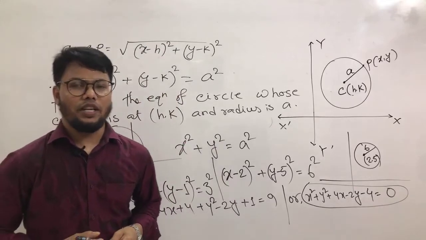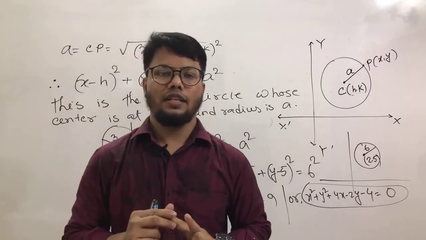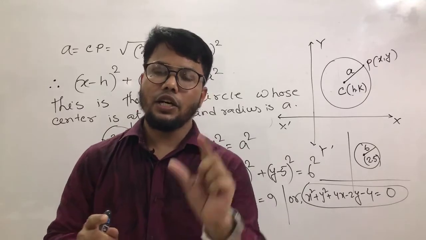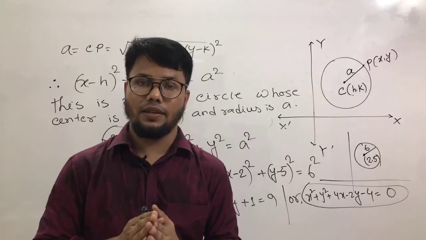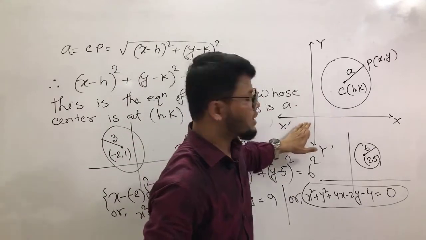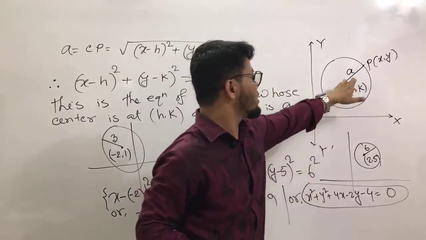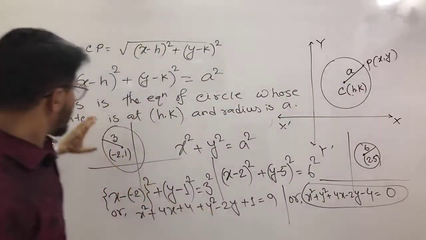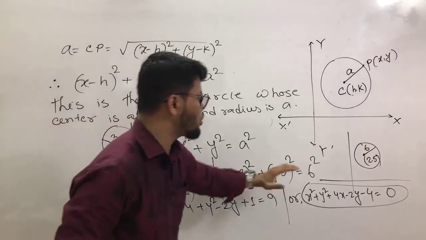So my dear students, we have done two formulas here. The equation of a circle whose center is at origin and radius is a, and another formula, the equation of a circle whose center is outside the origin and radius is a. By using these two formulas we have done two maths.